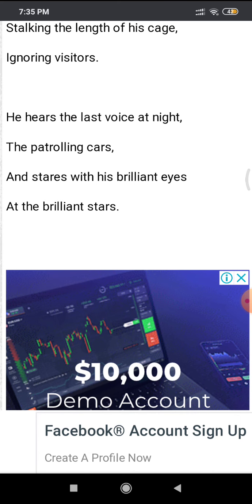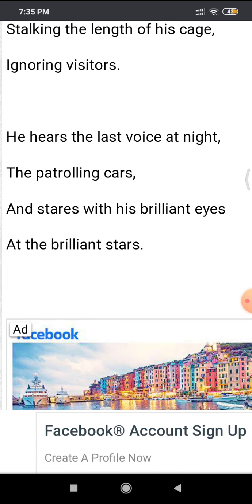Okay, and also he wants to seek some comfort by looking at that natural beauty in the sky. His brilliant eyes show that he still hopes that the day would come when he would run free in the jungle behind his prey and live in the natural habitat.